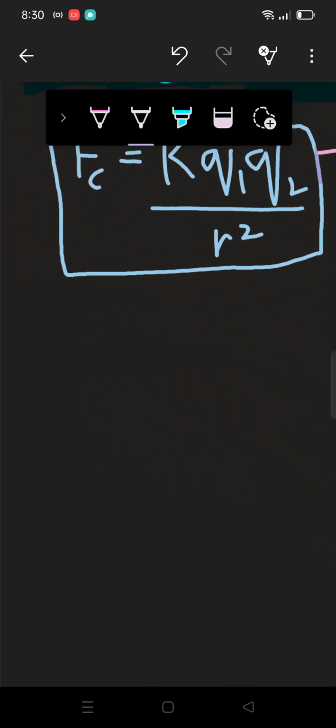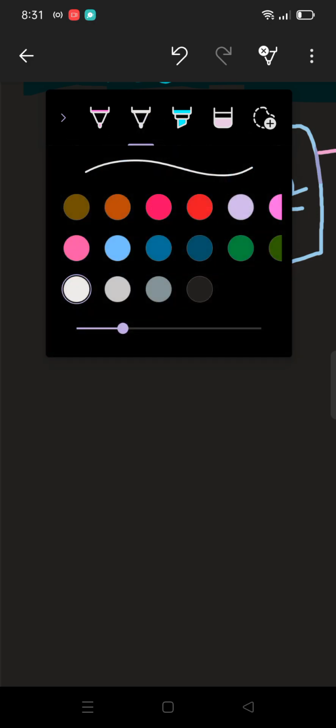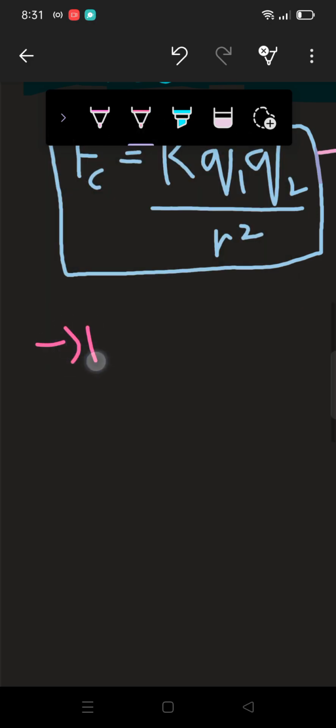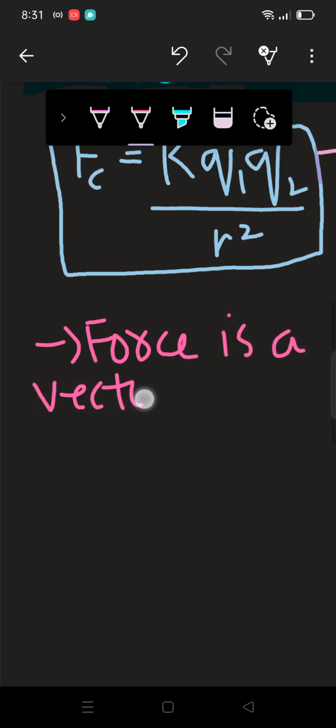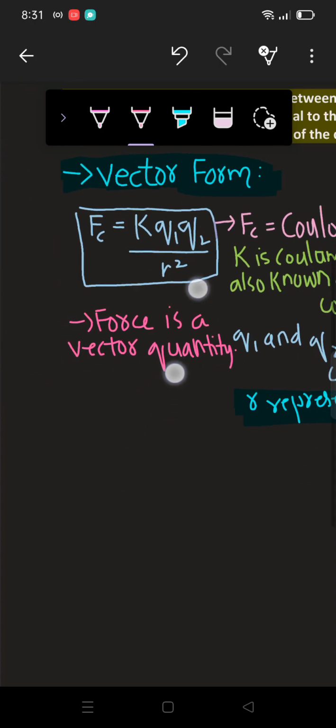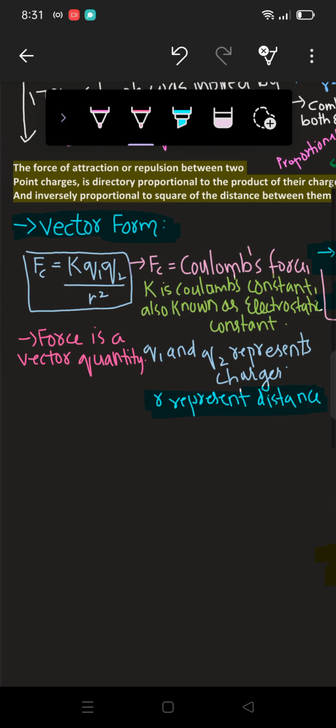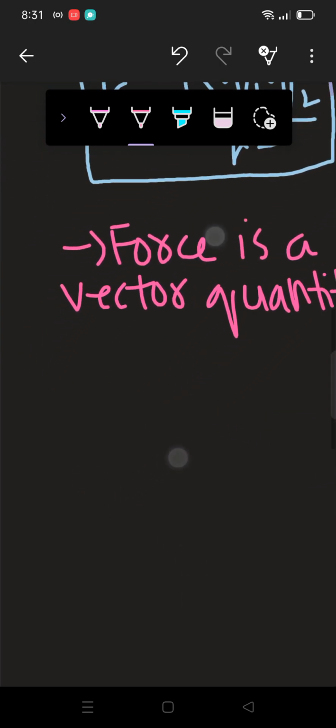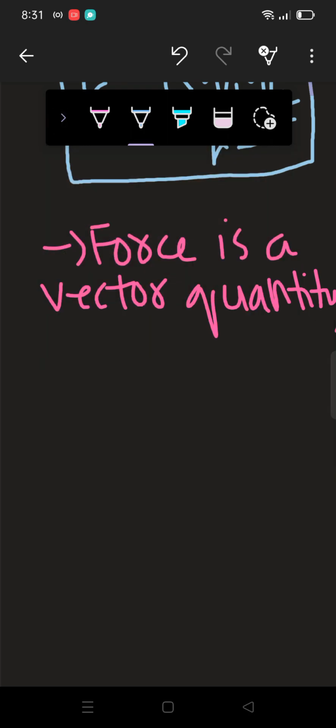Now we know that force is a vector quantity. However, the charges and the distance both are scalar. Let me write that as well.